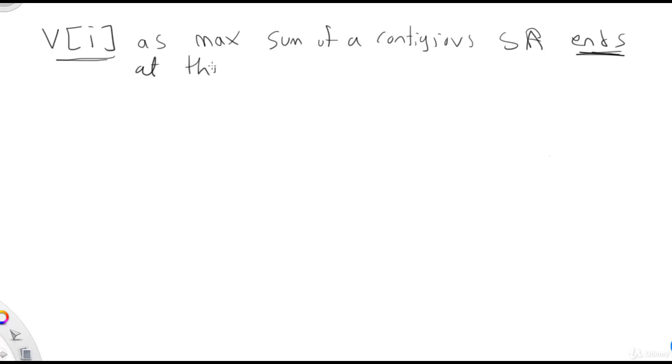We'll define Vi as the maximum sum of a contiguous subarray which ends, and this is very important, ends at the ith element.